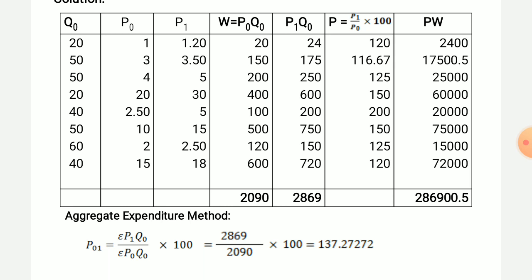This is the consumer price index by the aggregate expenditure method, and it shows that the prices of all the items or commodities have increased by 37.2727 in the current year as compared to the base year.